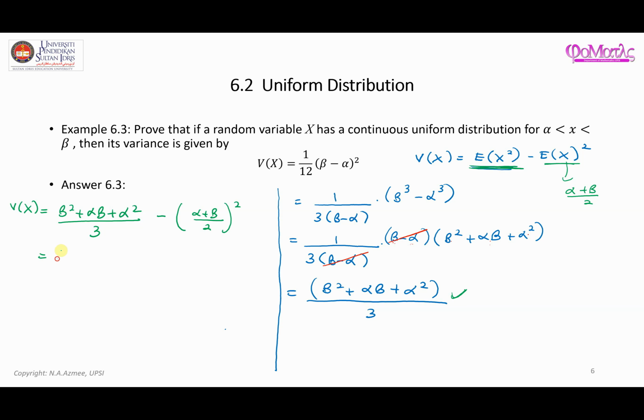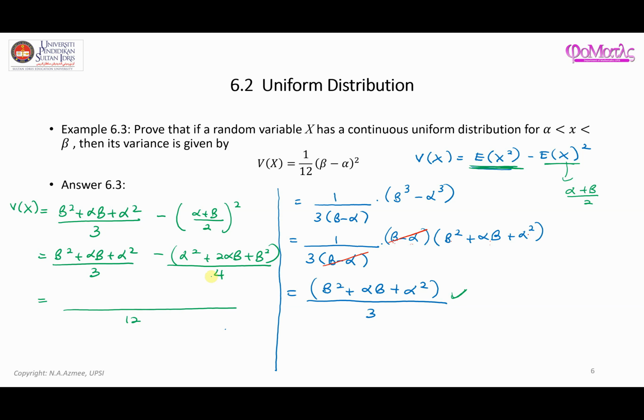And we can try to simplify the result that we have here. Okay, so we are going to take out the brackets. So we have alpha squared plus 2 alpha beta plus beta squared over 4. Make sure the denominator has a common value, 12 for example.